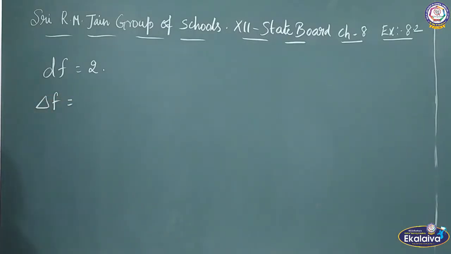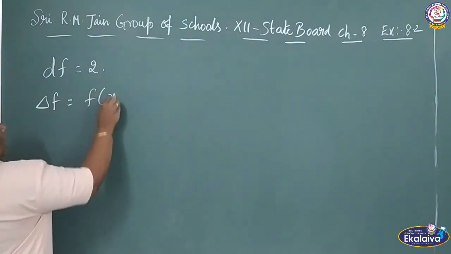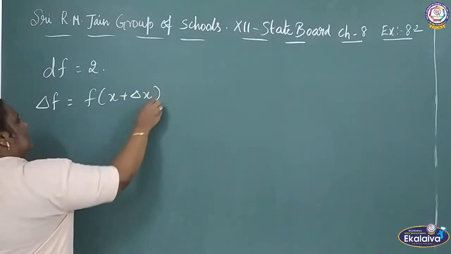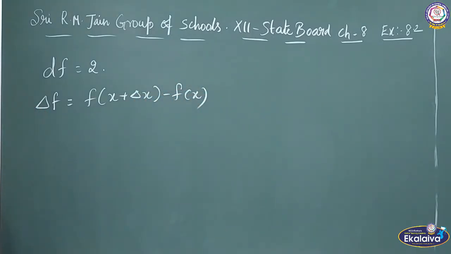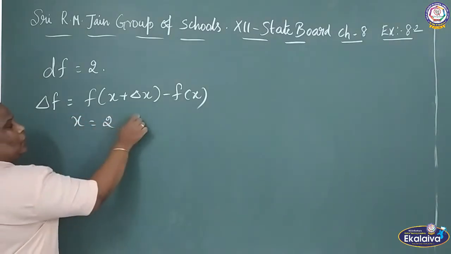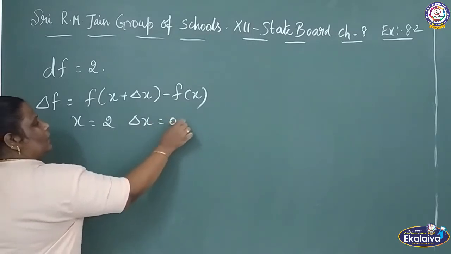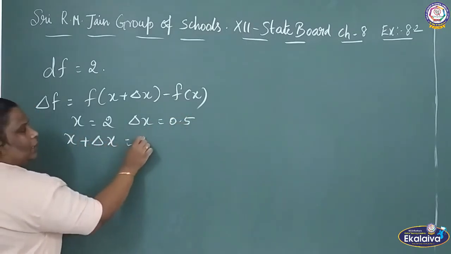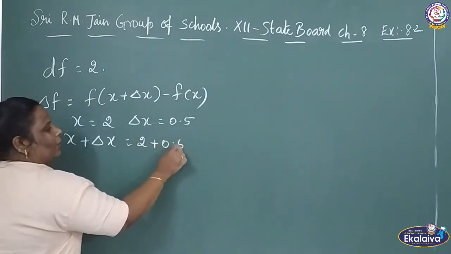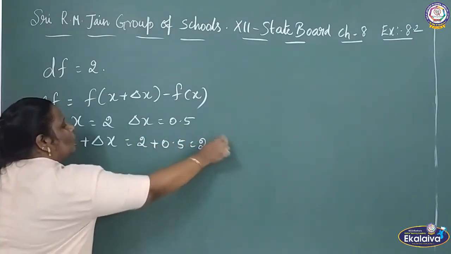What is the formula for delta f? Delta f equal to f of x plus delta x minus f of x. Here x value equal to 2, delta x equal to 0.5. x plus delta x equal to 2 plus 0.5, equal to 2.5.